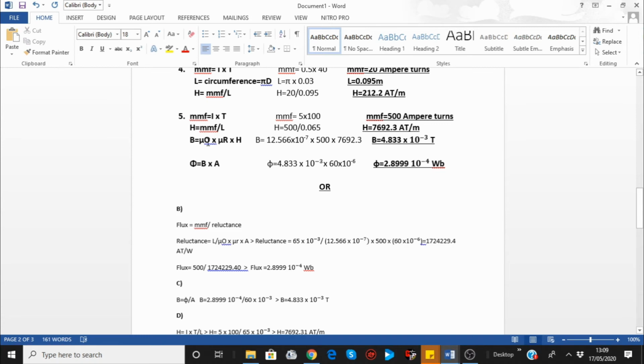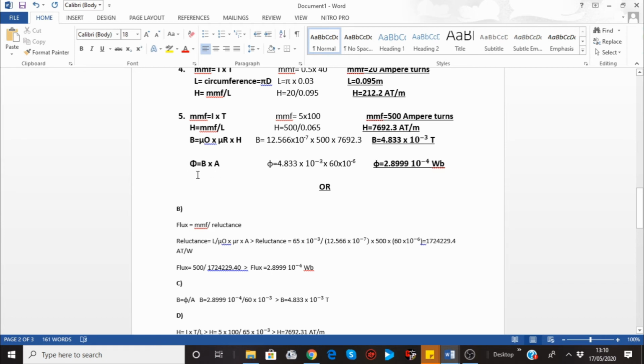We have mu 0, which is a constant value, 12.566 times 10 to the power minus 7, the absolute permeability, and mu r is given as 500, and H we just found. We just put the values there, and B is 4.833 times 10 to the power minus 3 Tesla. And then from that we can find phi. Phi, the flux, is B times A.